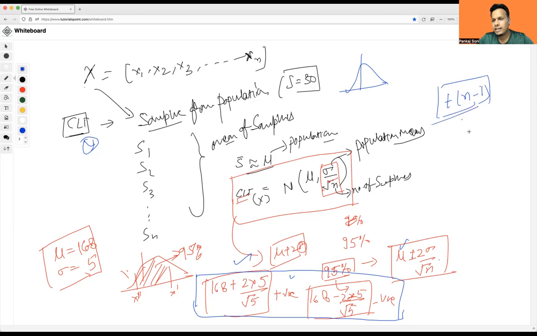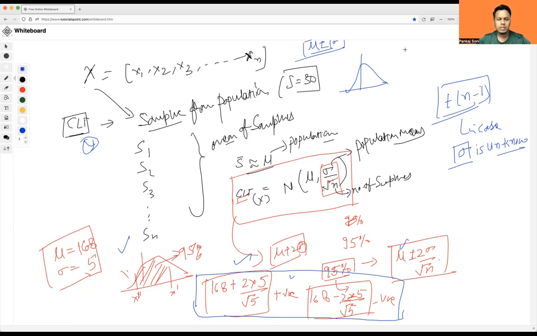That will be used only in case sigma is unknown. Remember that: use the t distribution only when sigma is unknown. If sigma is known, you have two choices: either go with the CLT, the central limit theorem, or go with the Gaussian normal distribution, mu plus minus 2 sigma, 1 sigma, or whatever confidence you want.